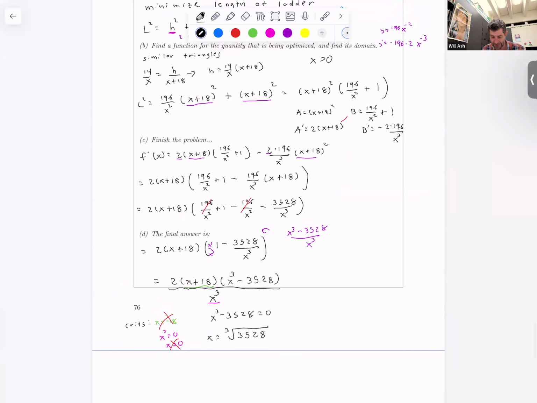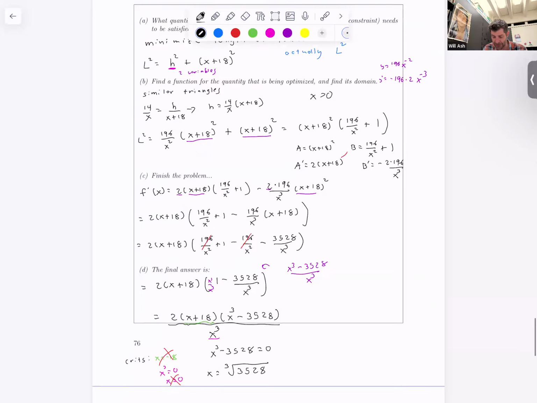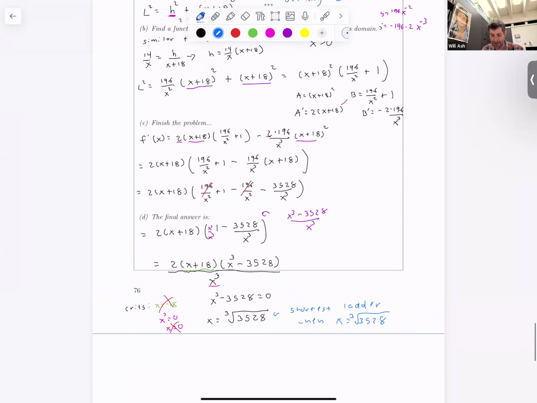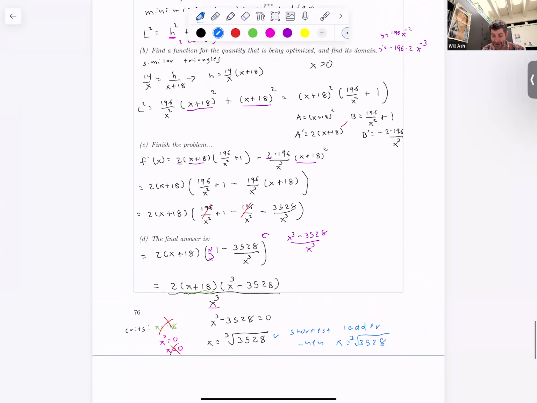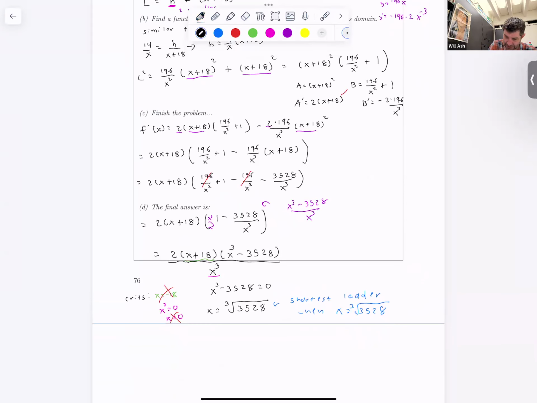Okay. Now, what they wanted was the length of the shortest ladder, right? So there's where we get the L squared, and I can just plug everything in here.